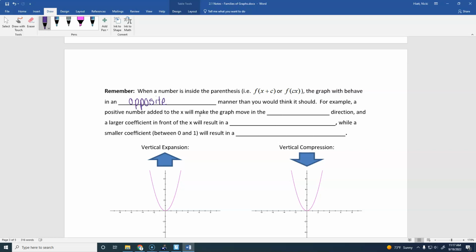For example, a positive number added to the x will make the graph move in the negative or the left direction.